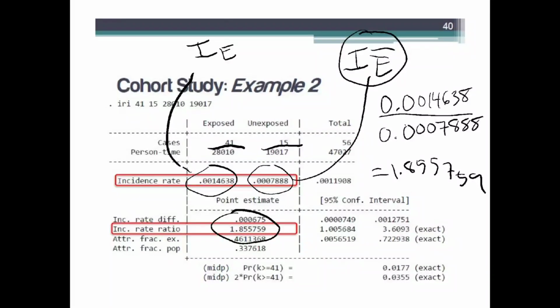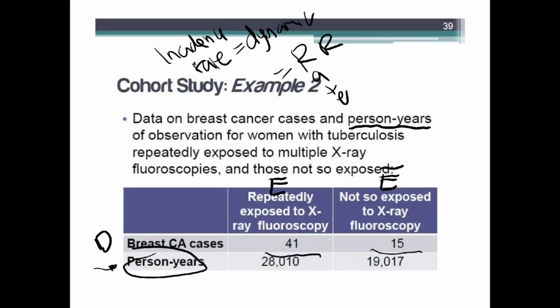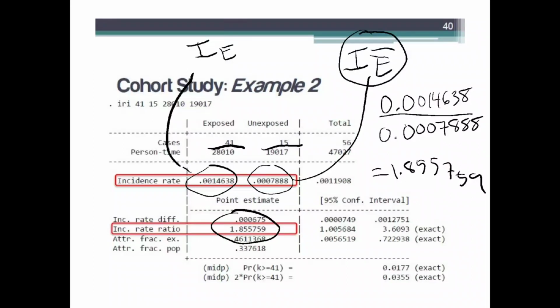So, as you can see, the rate ratio or yung relative risk mo is 1.855. Ibig sabihin, it is greater than 1. Okay? It's more than 1. So, the interpretation is the exposure variable is a risk factor. Ibig sabihin, yung repeatedly exposure to X-ray fluoroscopy could cause or is a risk factor for breast cancer. Okay? So, ganun lang siya kasimple.